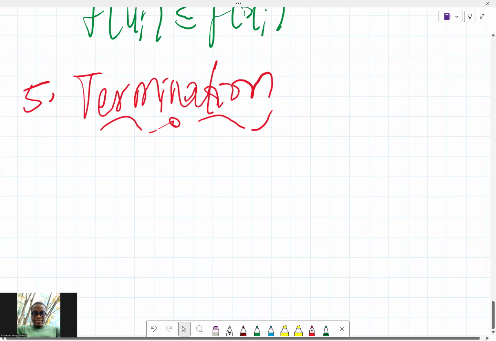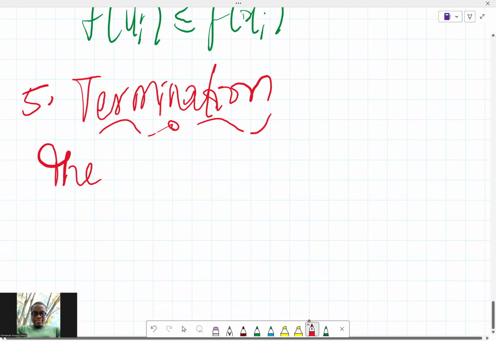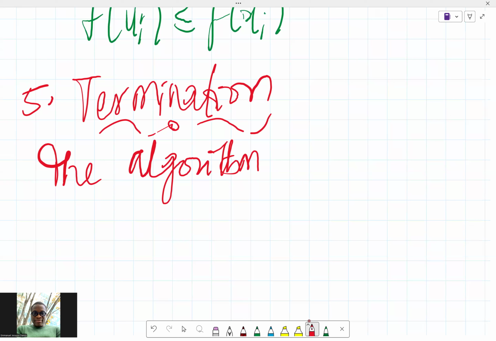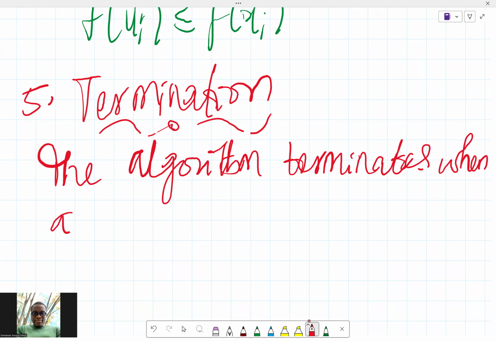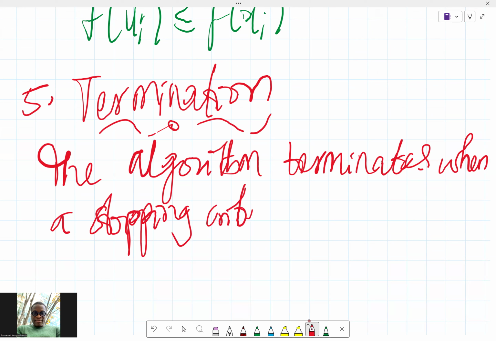So here the algorithm terminates when a stopping criterion is met, say number of iterations, right?